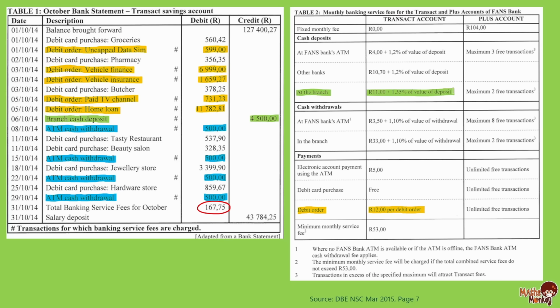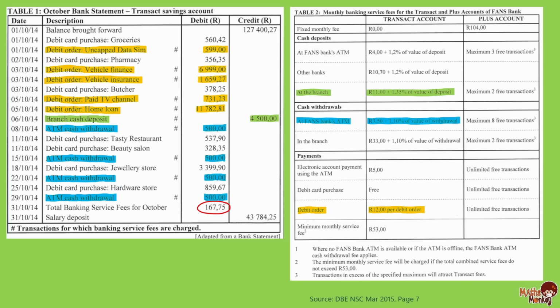And then if I look at the normal ATM cash withdrawals, I go to withdrawals and I see at Fans Bank ATM, this is 3 Rand 50 plus 1 Rand 10 plus 1.10% of the value of withdrawal.